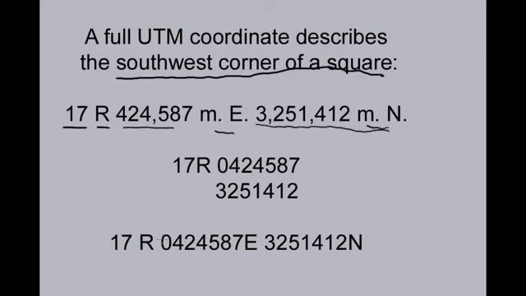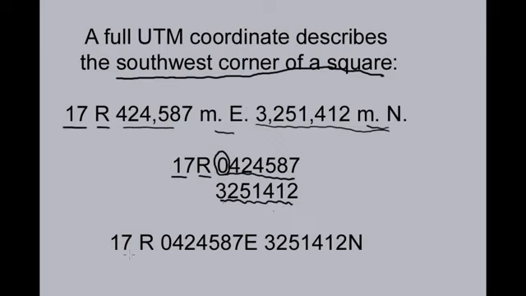There are several other ways that the UTM coordinate might be written. In a GPS, for instance, you may have the zone and the quadrant, and then the easting may be written here as 7 digits. You notice eastings are only 6 digits, but what they've done is just add a leading 0 to give 7 digits, to balance it out with the northing, which has 7 digits.